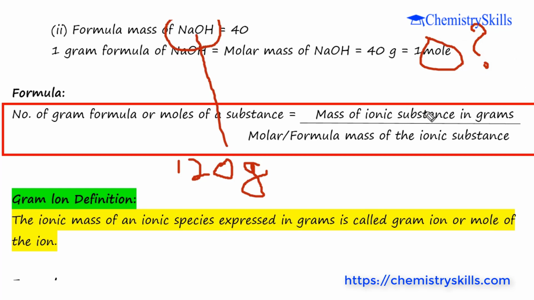Very simple. What we will do: mass of the ionic substance in grams, which is 120, so we will put 120 here, divided by the molar or formula mass of the ionic substance. The formula mass or molar mass of sodium hydroxide is 40.